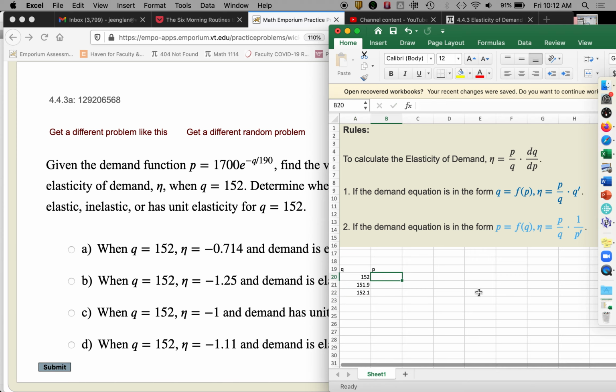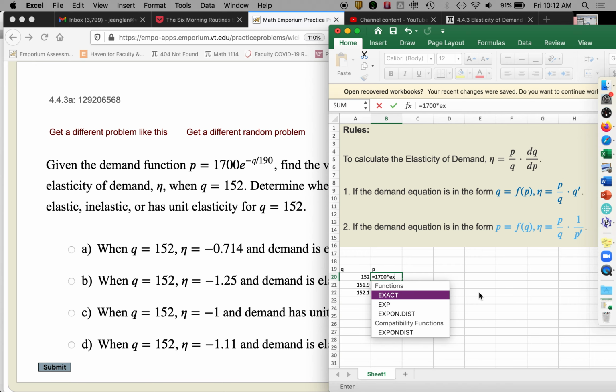All right, and then I'm going to plug in my function, which is 1700 times, and remember to do e, you do exp, it's a function, and you put the exponent in the parentheses. But please be careful, when you see negative and there's not a number after it, Excel is not going to do well with just a dangling negative.